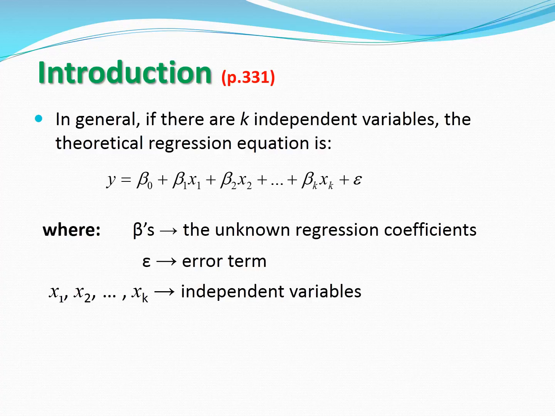So that will be the unexplained variation if the regression model doesn't fit the data perfectly. So that's your residuals, the difference between your actual value for your dependent variable y and the predicted value of your dependent variable y. And then x1 up to xk represent your independent variables.